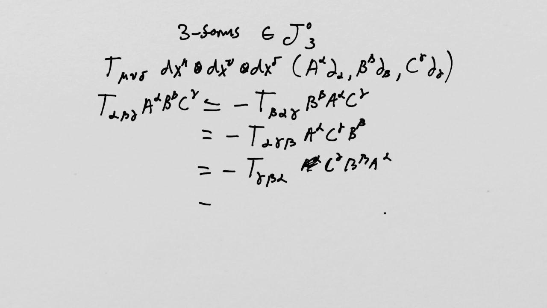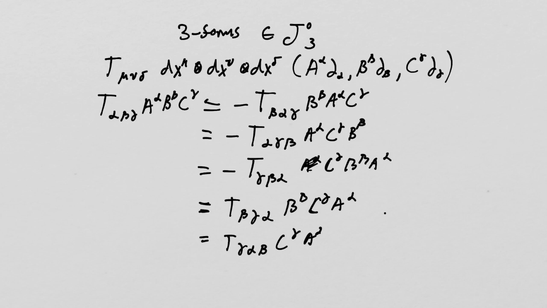So ultimately, with the same three indices, I'm going to get a T beta gamma alpha, B beta C gamma A alpha, and then I'm going to get a T gamma alpha beta C gamma A alpha B beta, and then I'm going to get a T beta gamma alpha.